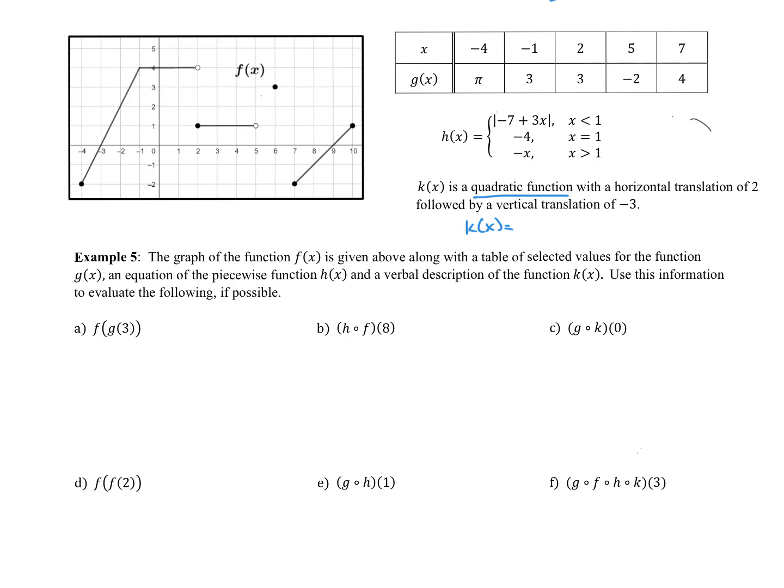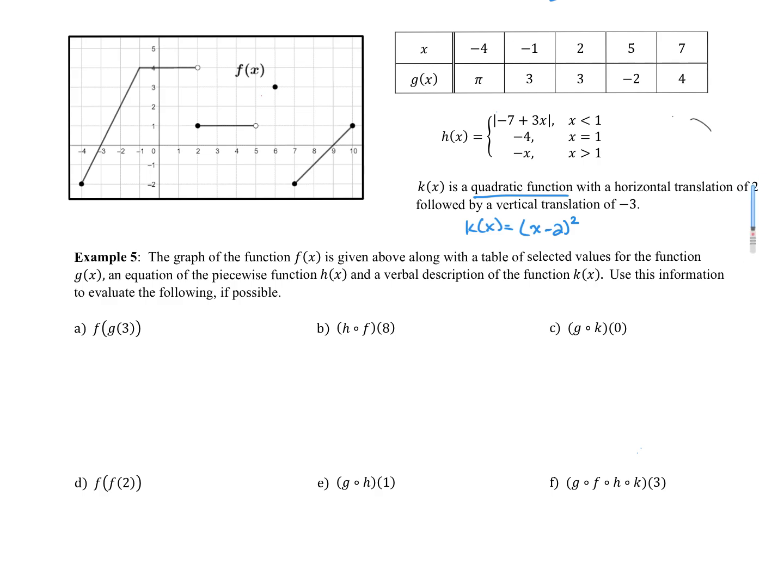And so this quadratic function, which has a degree of 2, has a horizontal translation of 2. And so what's inside my function? Is it x plus 2? Wait. It's x minus 2 because it's shifted which way? To the right 2. All right.